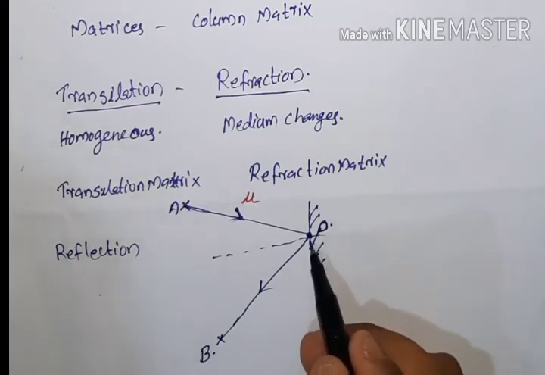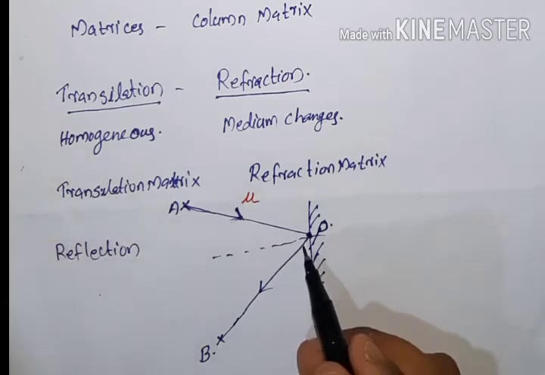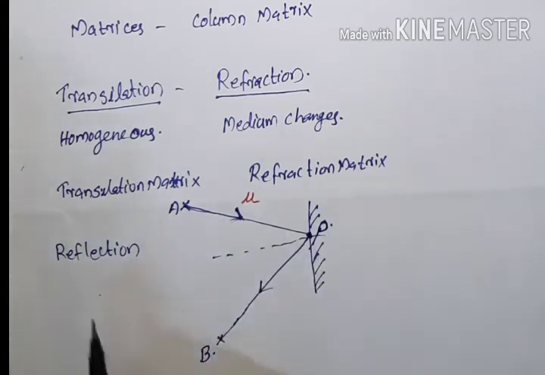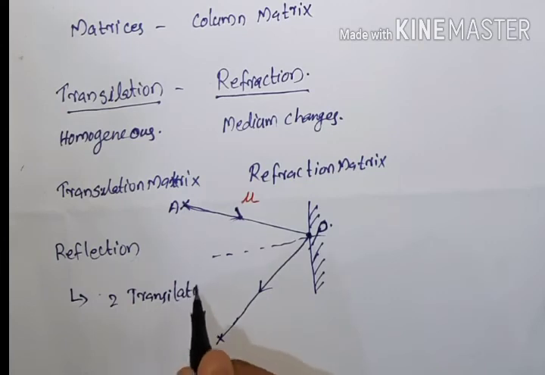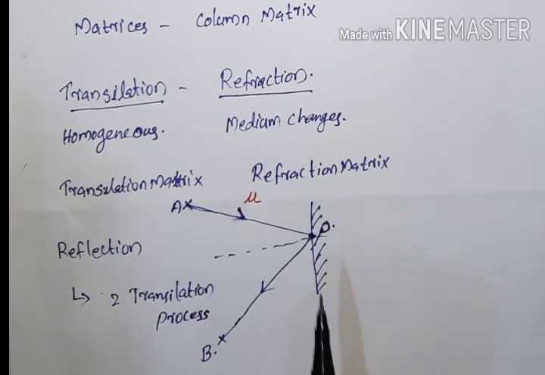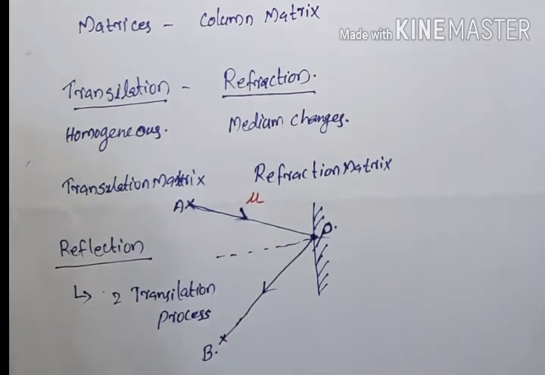So reflection can be treated as two translation processes: one incident light ray undergoing a translation and one reflected light ray also undergoing a translation. The combined action of the two translational processes gives the process of reflection.